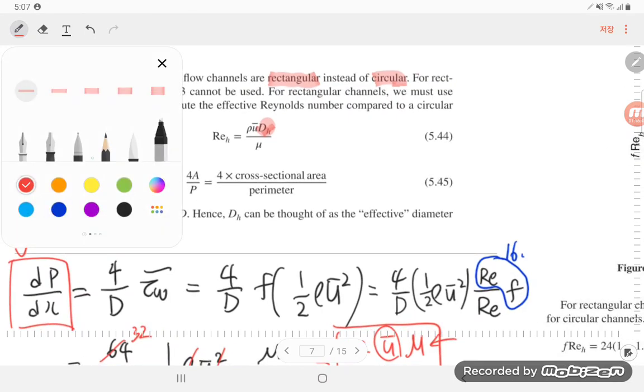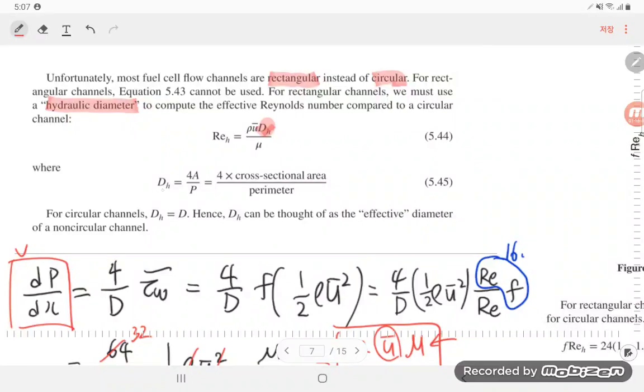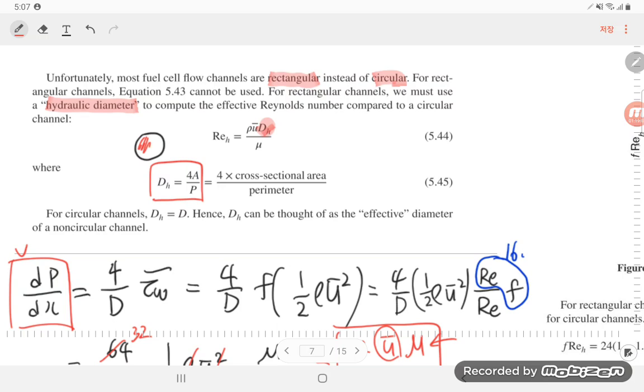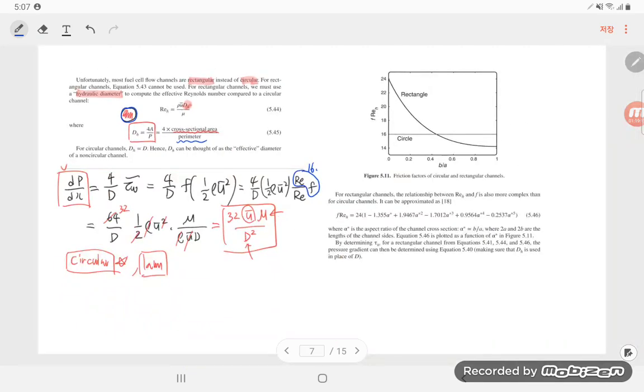And in here, dH can be obtained from this equation. In here, A is the cross-sectional area, and P is the perimeter. Perimeter means this one. Okay.